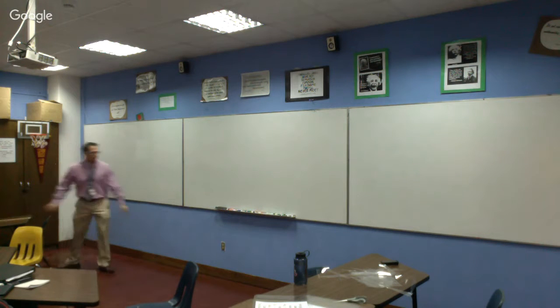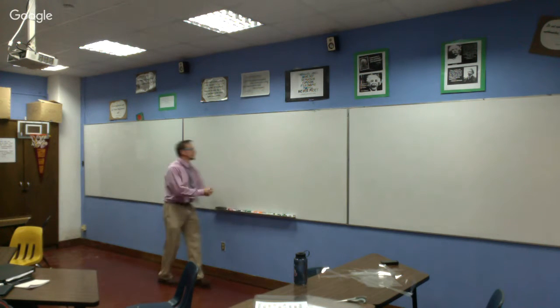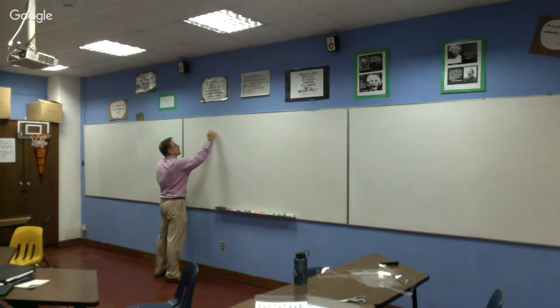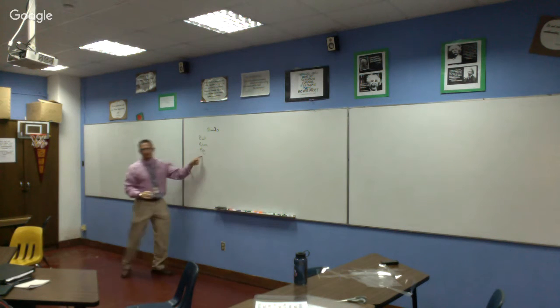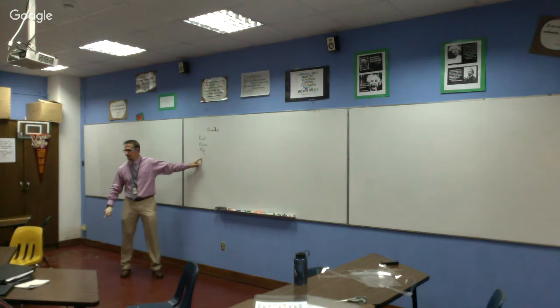Okay. So, we've got quadrilaterals. Then we've got rectangles, we've got rhombuses, we've got squares. All of these are under the family of, or subfamily of what?